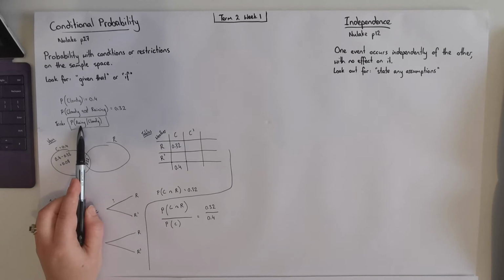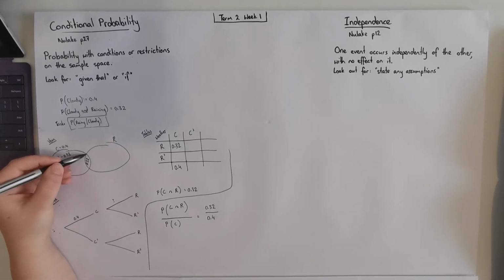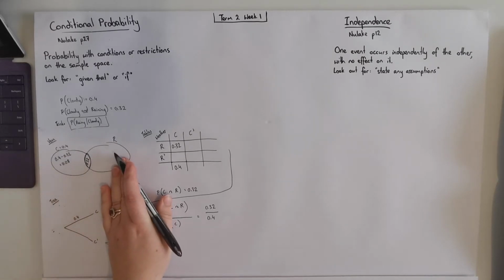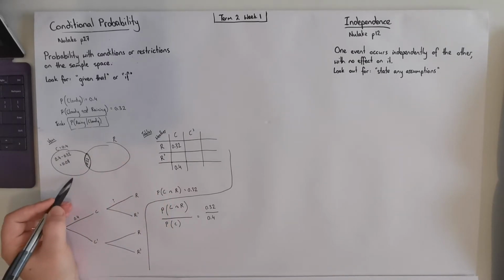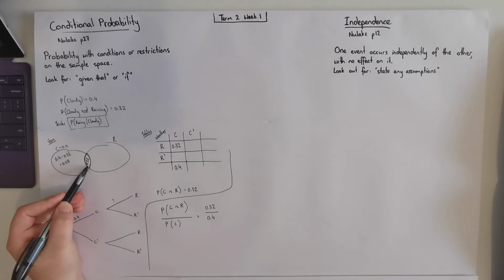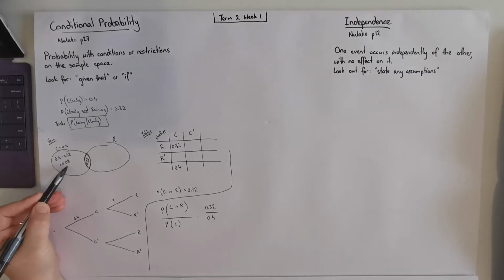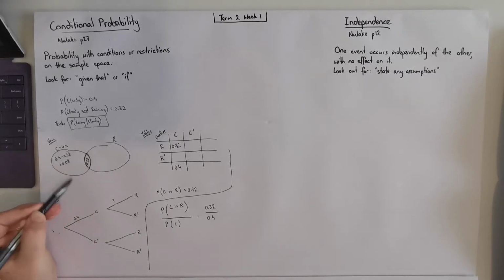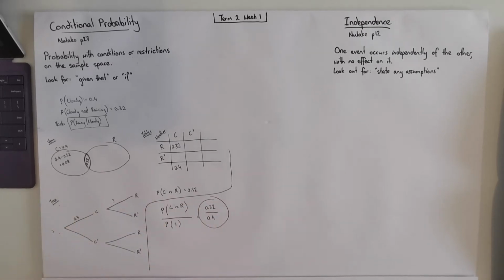Because we are interested in it being rainy, the only place that satisfies that is in this overlap or intersection. Because we can't spread into this right-hand side, we were restricted to it being cloudy. So we're only left with 0.32 out of the total, which was not 0.08, the total was 0.4, which is exactly what we've just done.